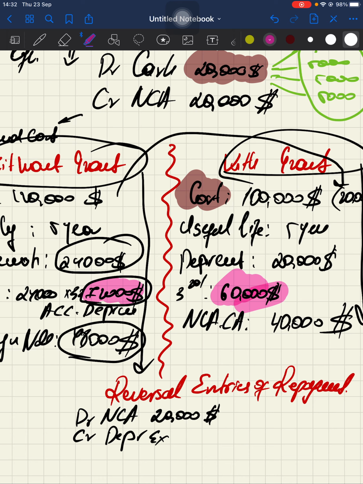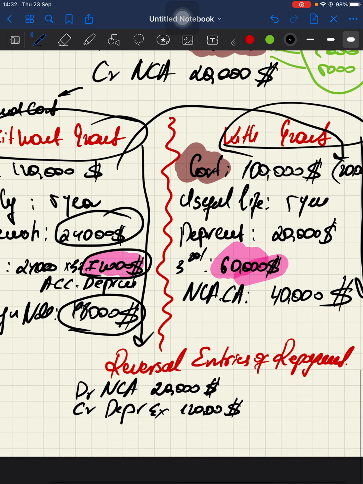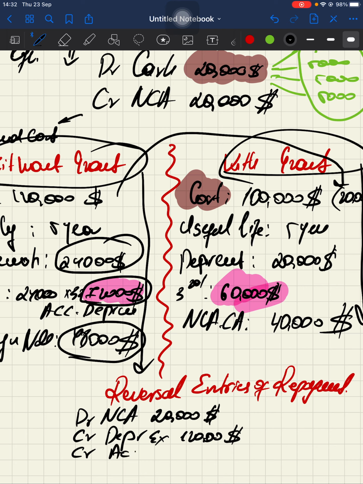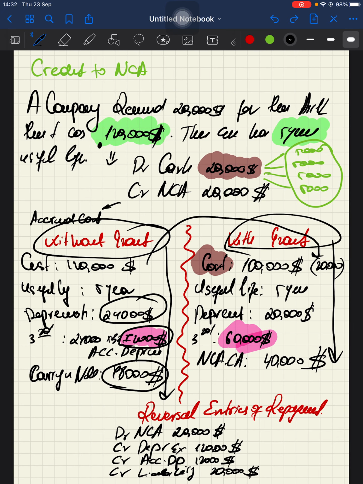So in order to do this, we should recognize 12,000 of depreciation expense in this year, in order to increase our accumulated depreciation by 12,000. And finally, we should recognize the liability of $20,000 because we have received this 20,000, and we are no longer available to meet the criteria to receive those funds.